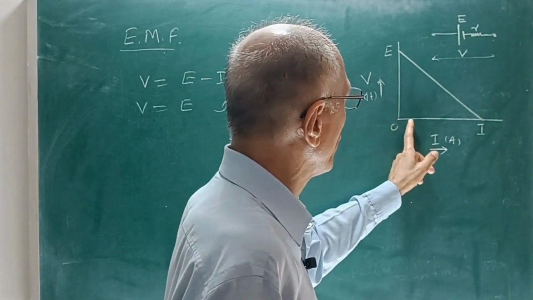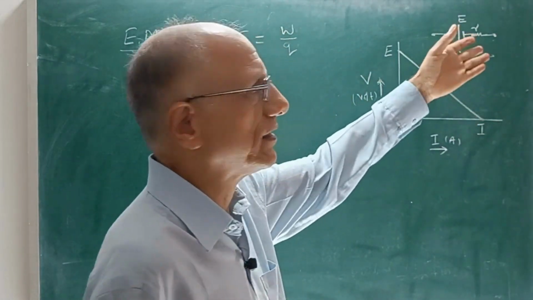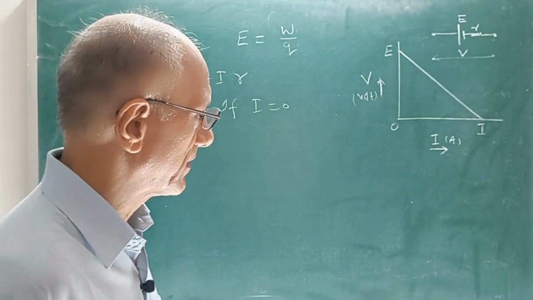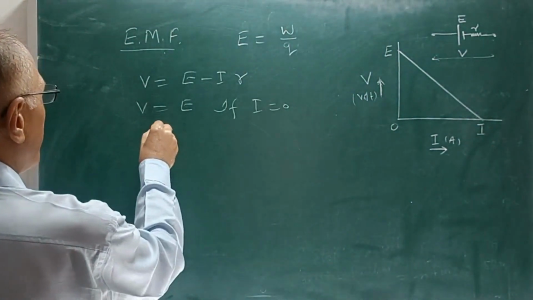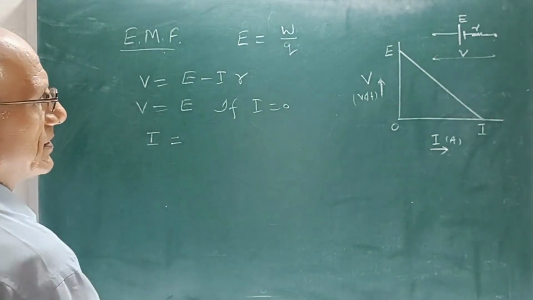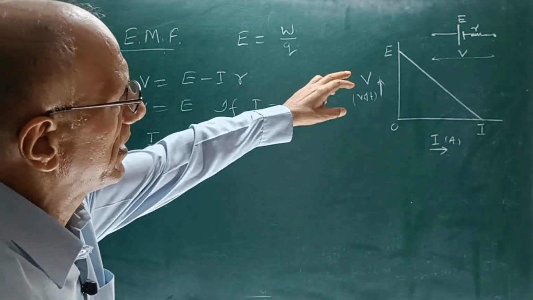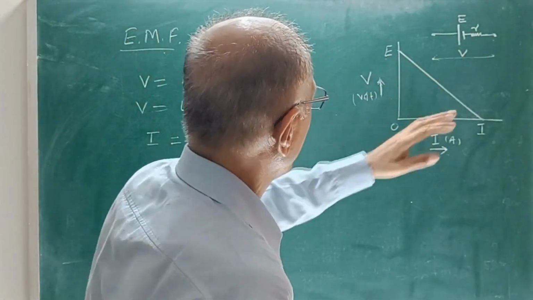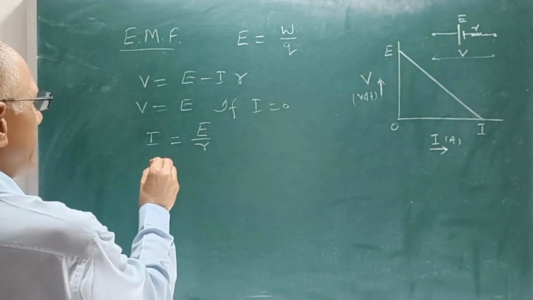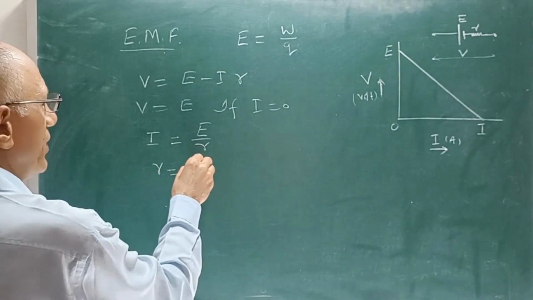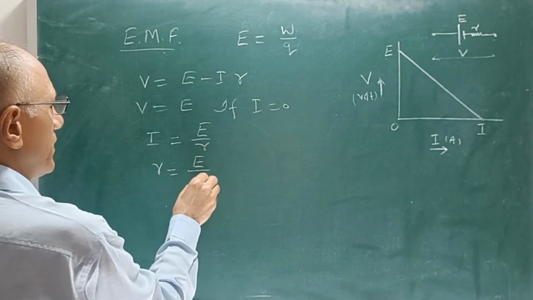When the V is 0, then that time current in the circuit will be maximum. So this I that time is E upon R, or you can say the internal resistance of the cell will be E upon this I.